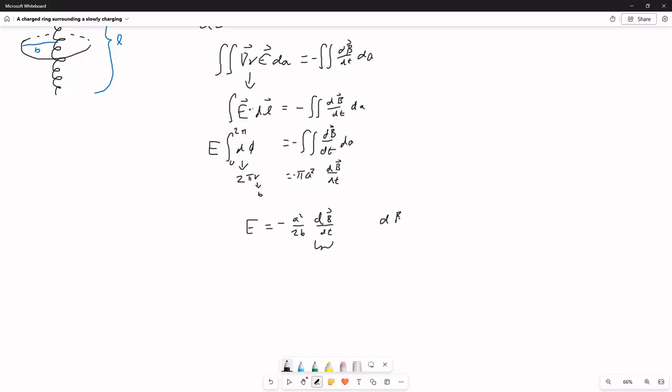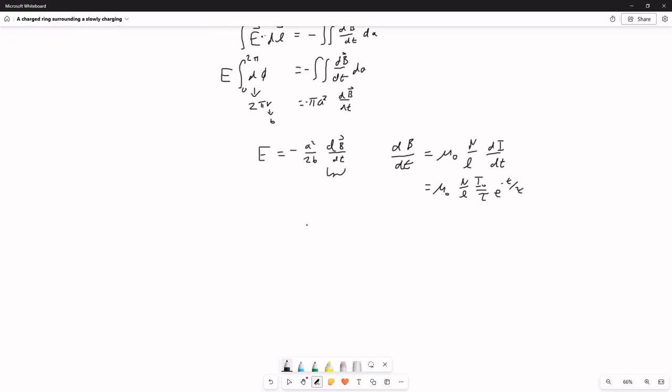We'll take dB dt, and again, using the equation for the infinite solenoid, we have mu naught n over L, and then we have di dt. And this was given in the problem, so it just ends up being mu naught n over L, we have an I naught over tau, and then e to the negative t over tau.